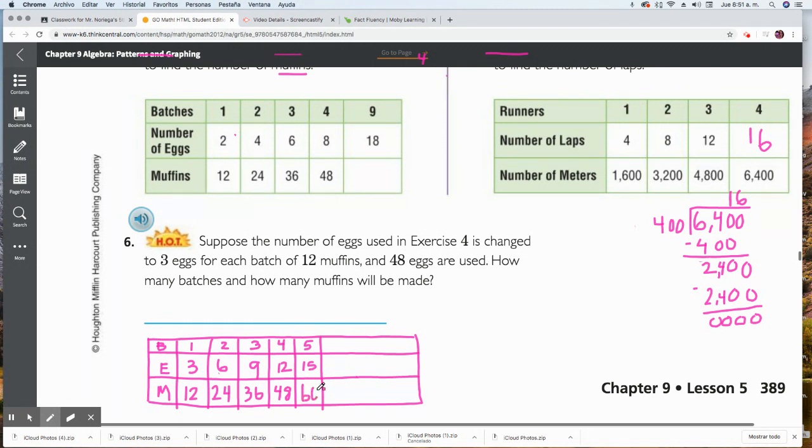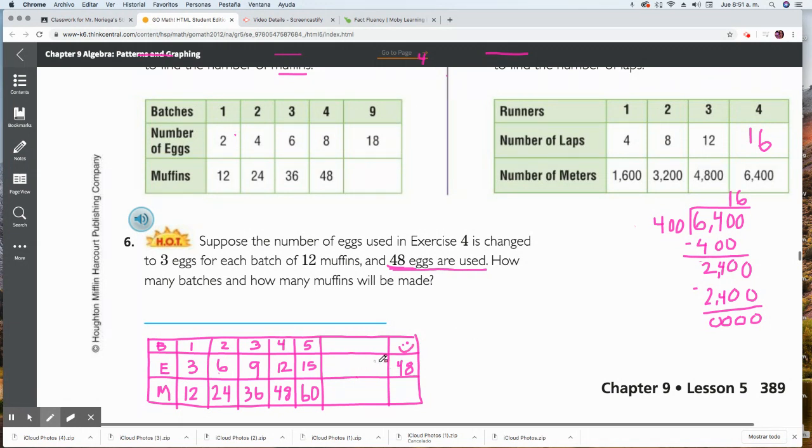All right, and I need to go all the way to 48. So my magic number is 48 eggs, because it's right here. 48 eggs are used. I don't have to worry about the number of batches, that is not part of my answer.